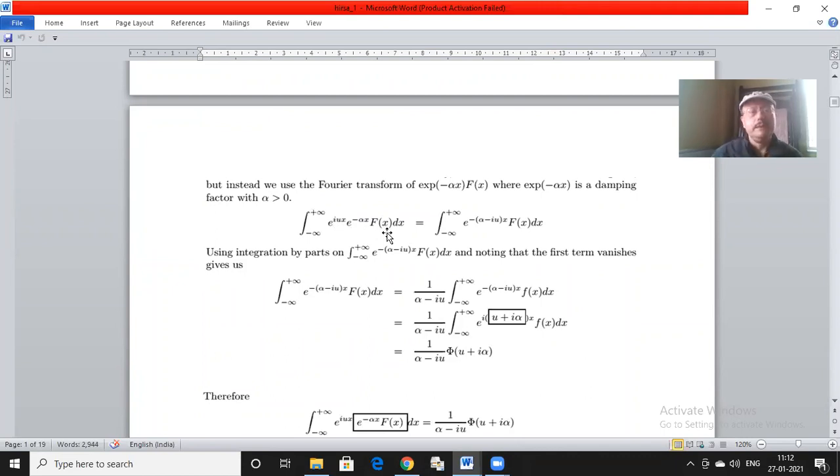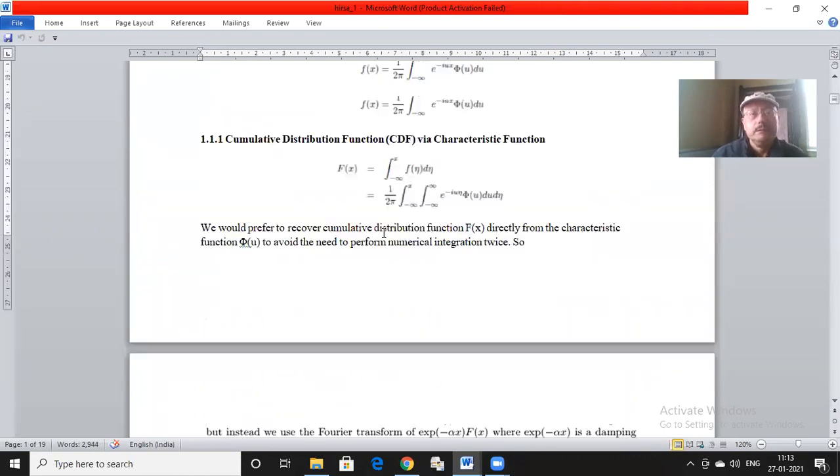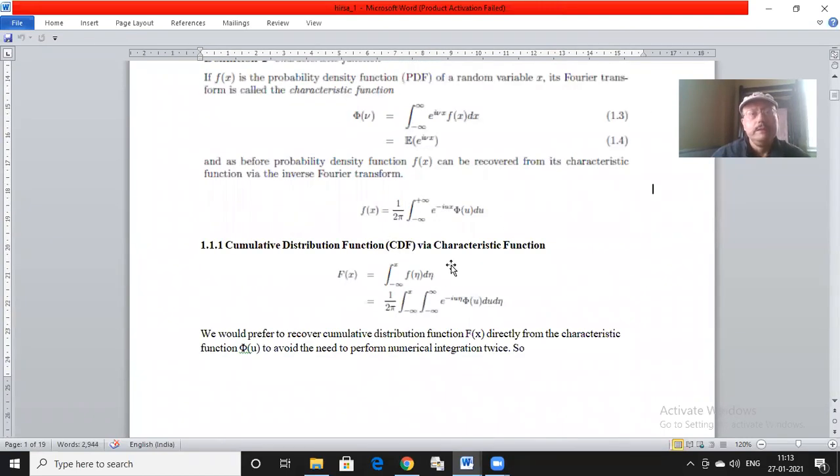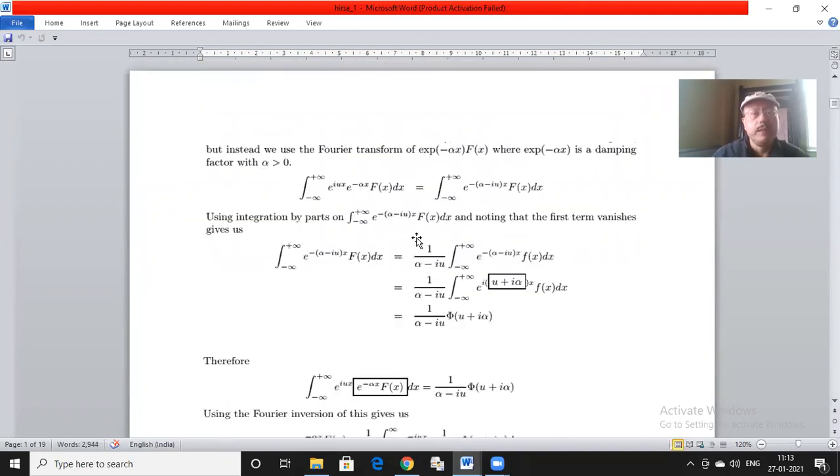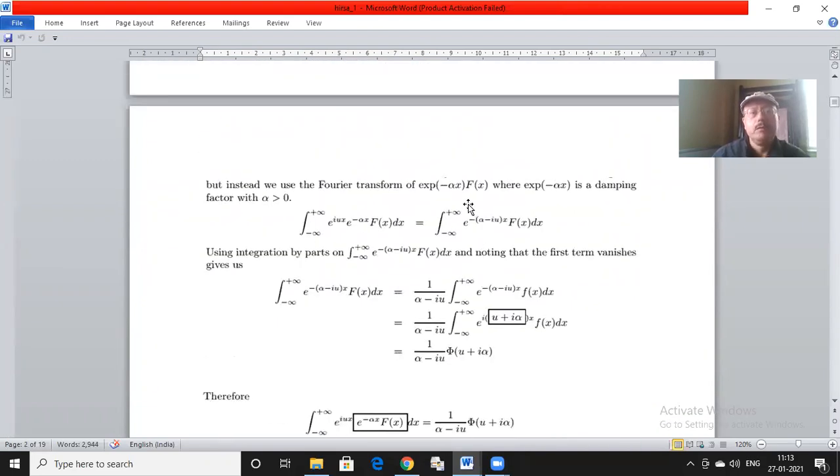So this is an integral in the same vein as the Fourier transform of capital F, but not the original capital F, with an additional term inserted here. So I can write it as e to the power (minus alpha plus iu) x, F(x) dx. So I collect the exponential terms inside.